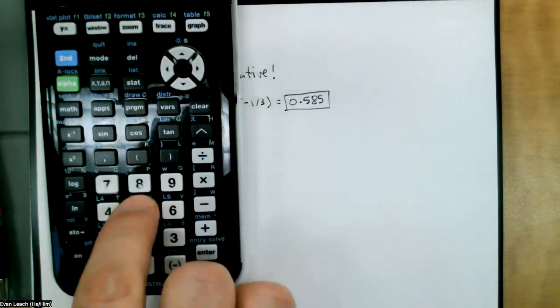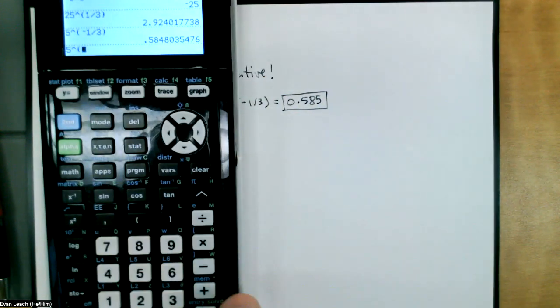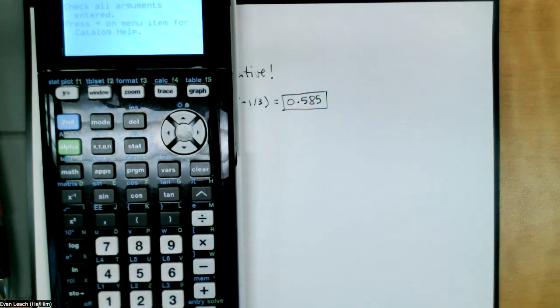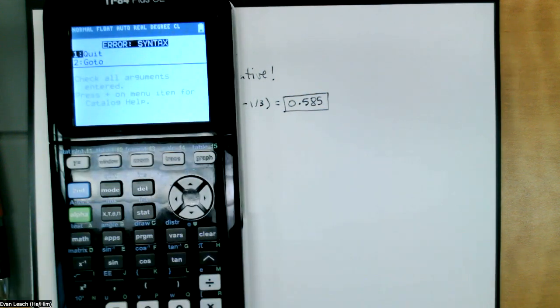So if I tried to type 5 to the parentheses negative minus 1/3, my calculator gets confused because when you use that minus button, that's an operation. It's looking for something right before, and it says, I'm not finding anything right before. This minus here is a binary operation and requires something in front of and behind.